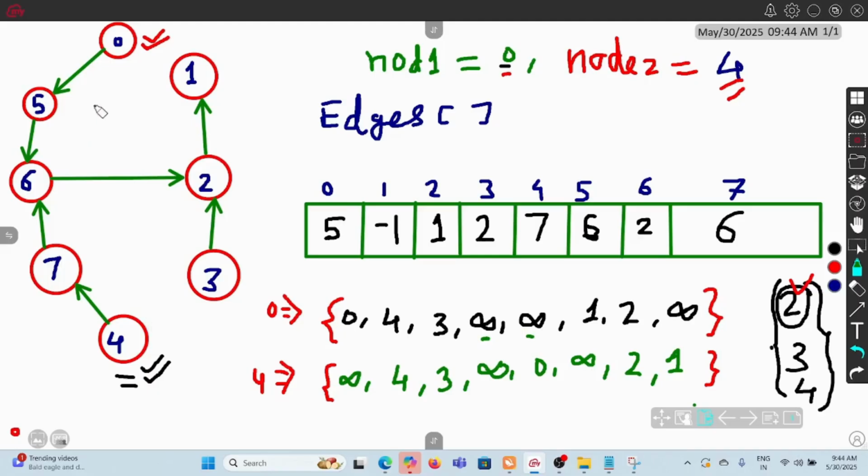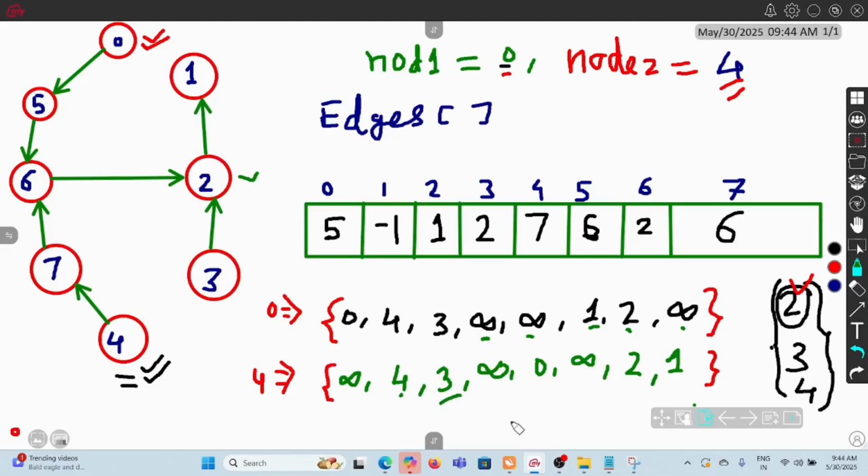Now 0 to 5 distance is 1, 0 to 6 distance is 2, and 0 to 7 is infinite, because there is no path. Similarly from 4 to 0 infinite, 4 to 2 distance is 4, 4 to 3 distance is 3, and 4 to 1 distance is 4. So all those distances we have got using this BFS method.